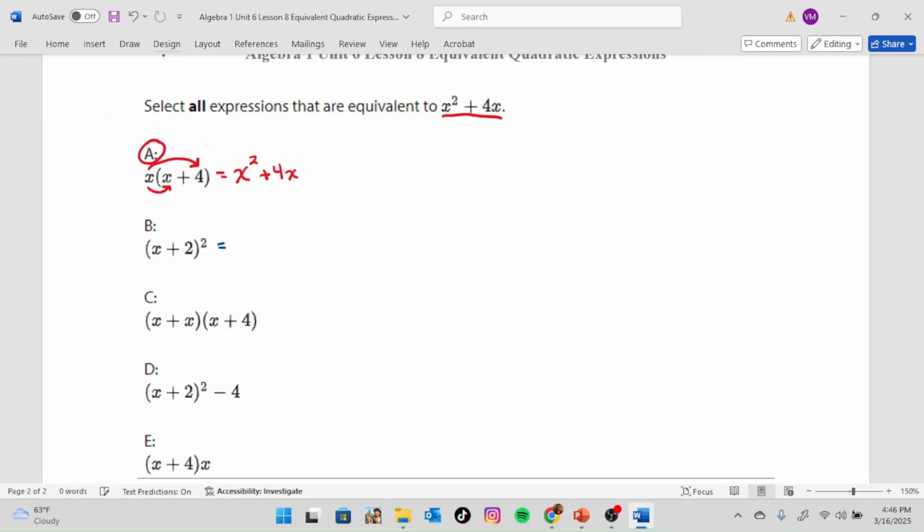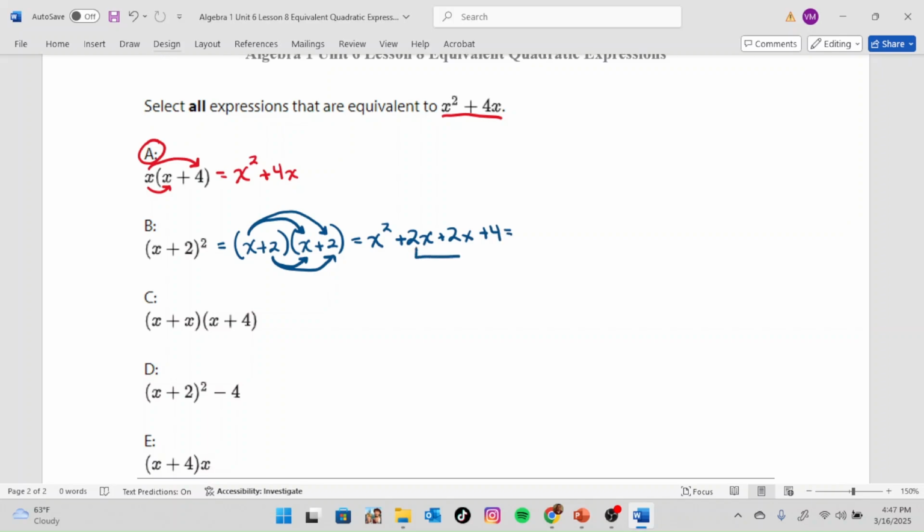Choice B, we have x plus 2 squared. This is the same thing as x plus 2 times x plus 2. Now we can use the FOIL method. So we have x times x, which equals x squared, x times 2, which equals 2x, 2 times x, which is 2x, and 2 times 2, which is 4.